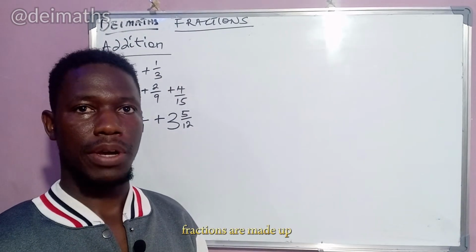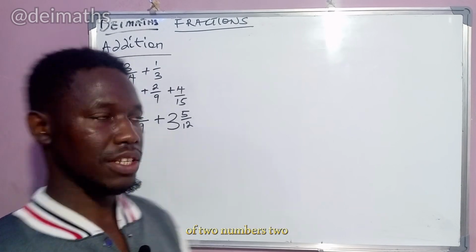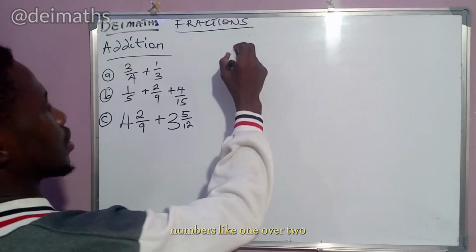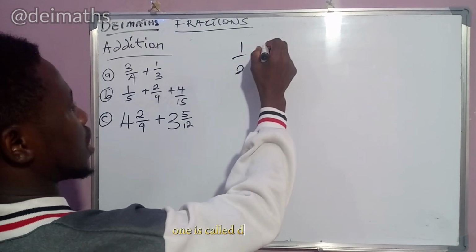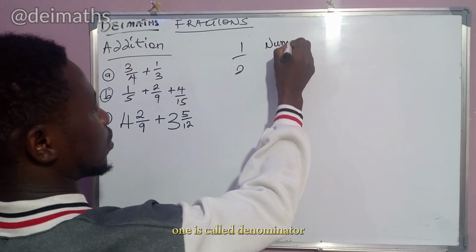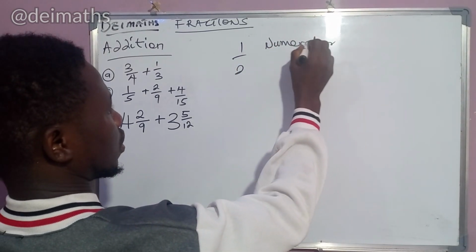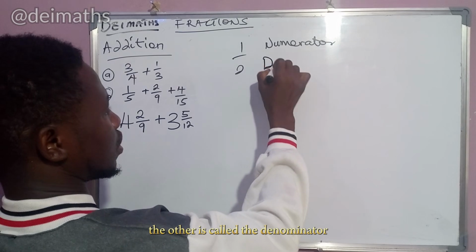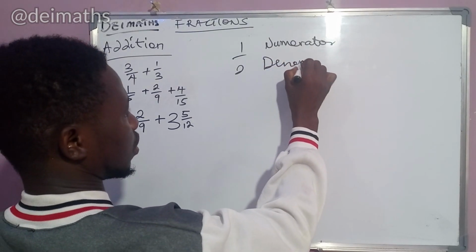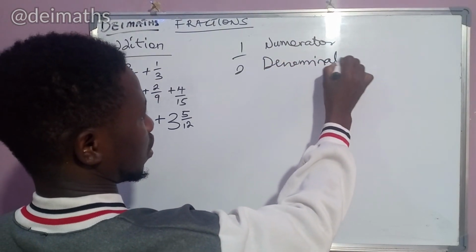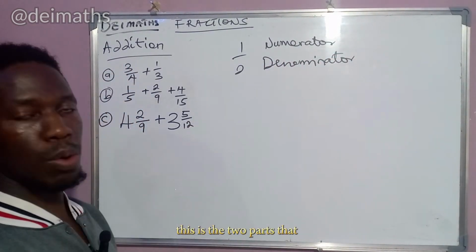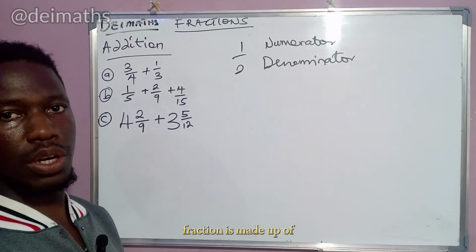Fractions are made up of two numbers, like 1/2. One is called the numerator. The other is called the denominator. These are the two parts that a fraction is made up of.